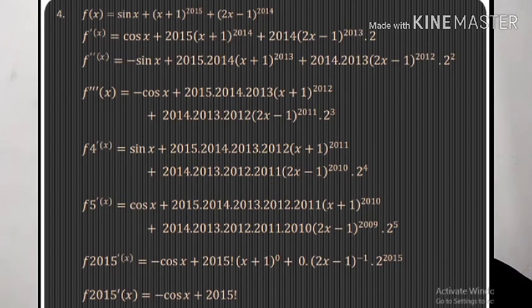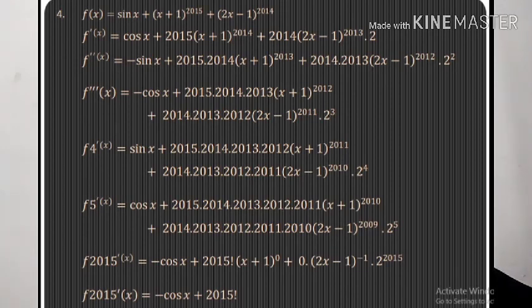Likewise, 2015 times and so on times 2016 minus 5, which is equal to 2011 for the fifth derivative. For the degree of the exponent, the first derivative is 2015, and so on.